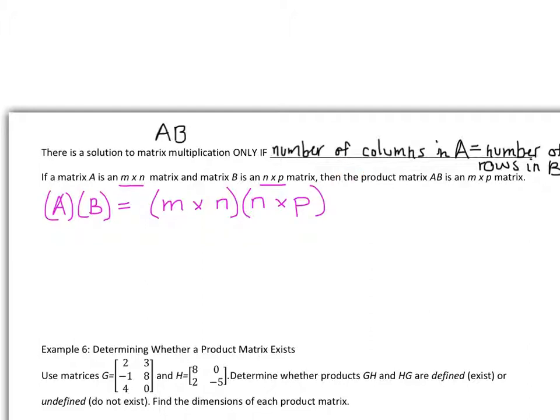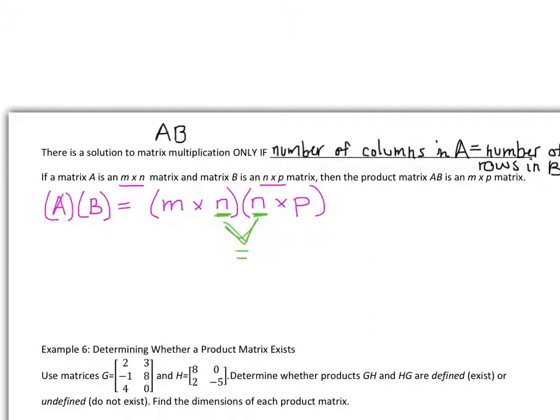So up here we said the number of columns in A, which is right here, has to equal the number of rows in B, which is right here. So these middle two numbers have to equal each other. If those do not match, the problem will not work. Can't do it. All right?